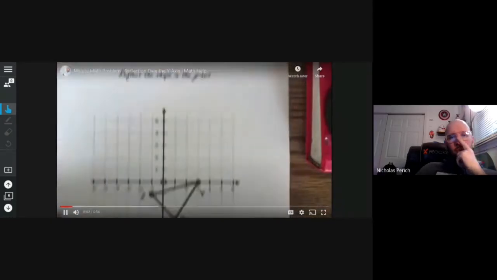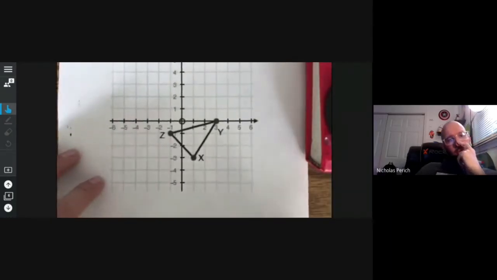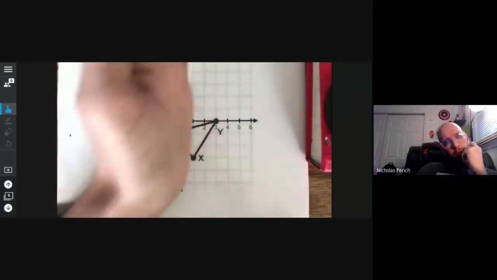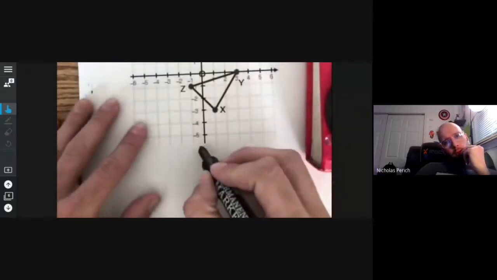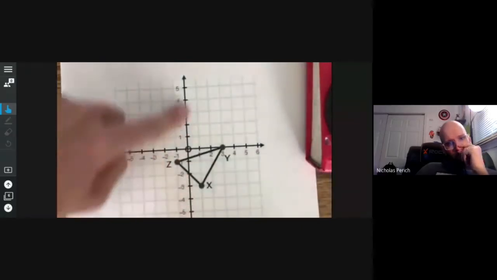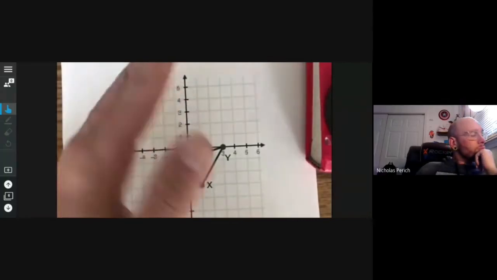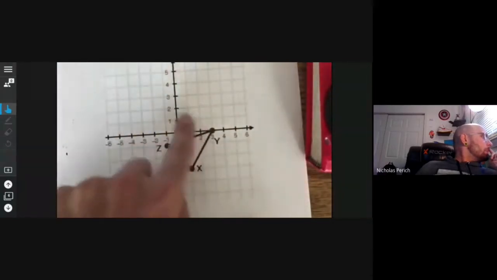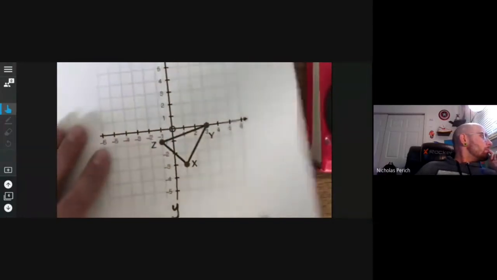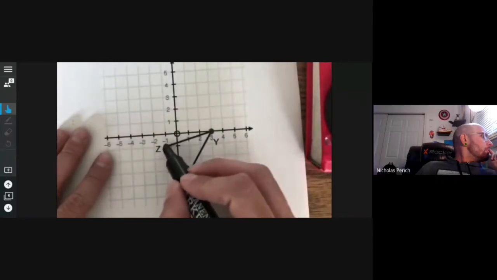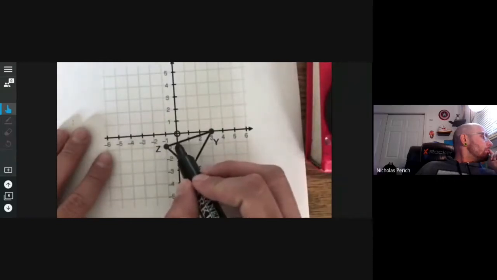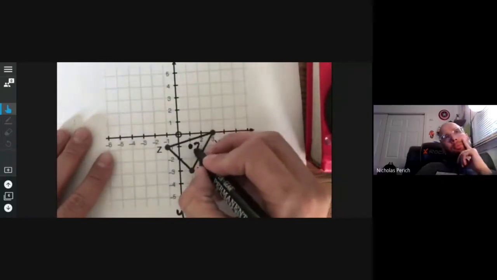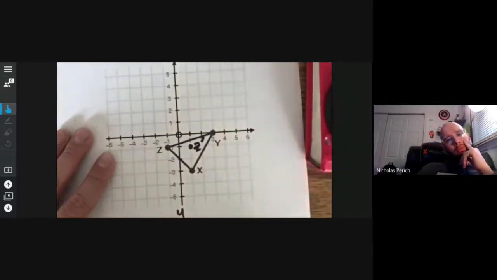Reflect the shape in the y-axis. This one's going to be weird. The reason is the y-axis is this line right here, so the mirror is actually cutting through the shape. It's basically like if we were to take this piece of paper, fold it over and bring it back, what's left over here is going to be our shape. So let's take a look at Z. Z is 1 unit away from the y-axis, which means Z prime is going to be 1 unit away from the y-axis.